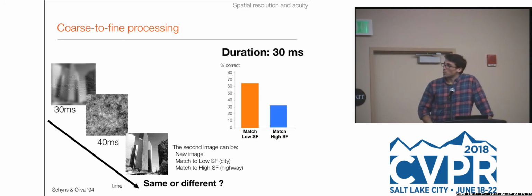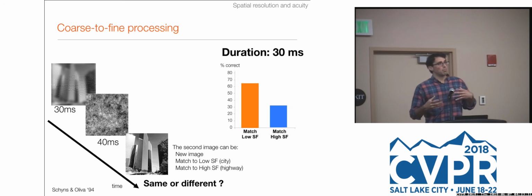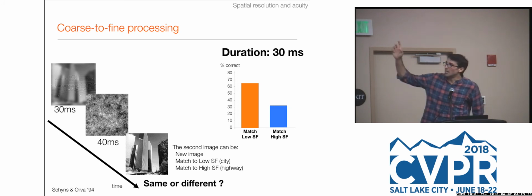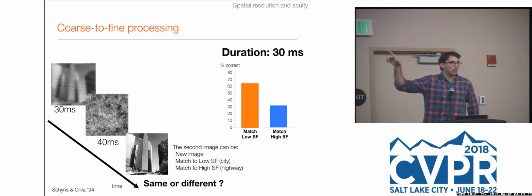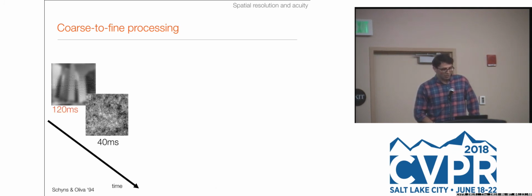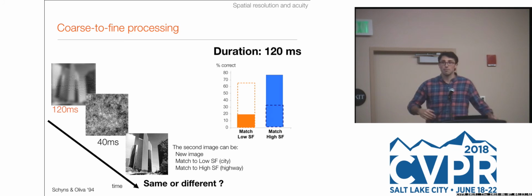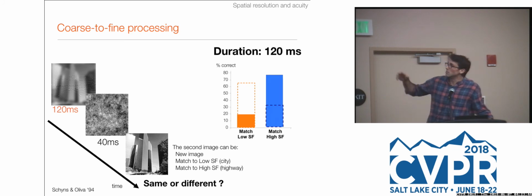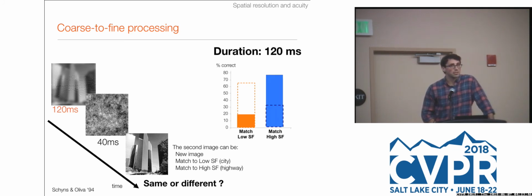Well, if you do this very quickly, you're going to see that people more often than not view the lower spatial frequency components of the hybrid image. Whereas if you slow it down and give people more time to process, they're going to view the higher spatial frequency components.